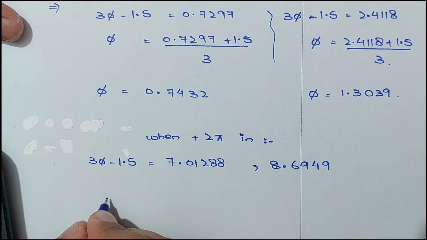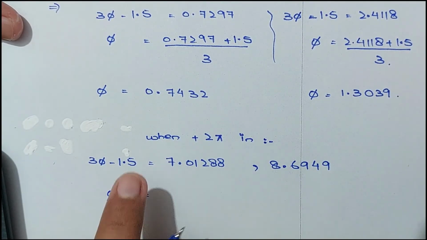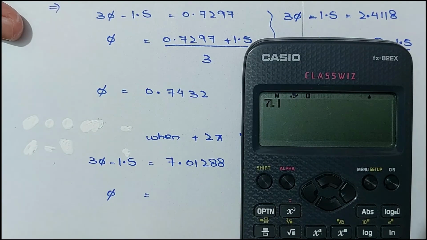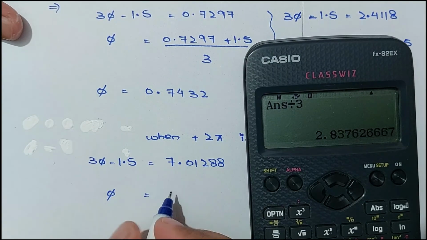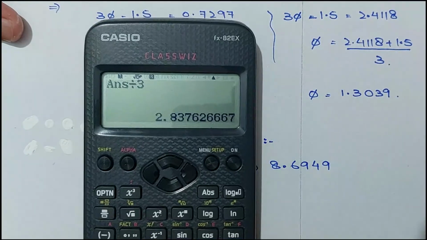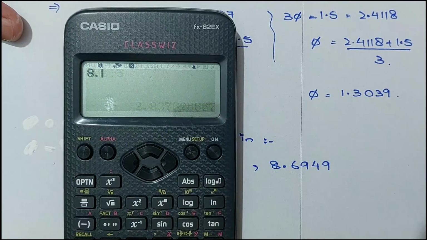Okay, now let's solve for phi. In these two values, we have to add 1.5 and divide by 3. 7.01288, add 1.5 and divide by 3 is 2.84, right? The other one is 8.6949, add 1.5 divided by 3.